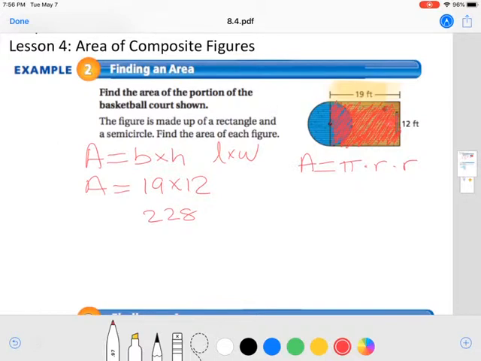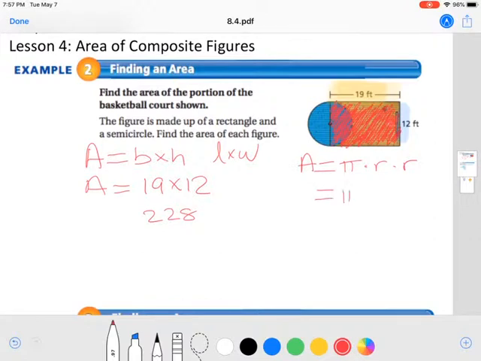Okay, so we know that our radius, which we can see on the opposite side of this rectangle, is this 12 right here, because remember, opposite sides of a rectangle are equal. So our diameter is 12. And remember, to find the radius, you just divide by 2. So that means that our radius is 6.